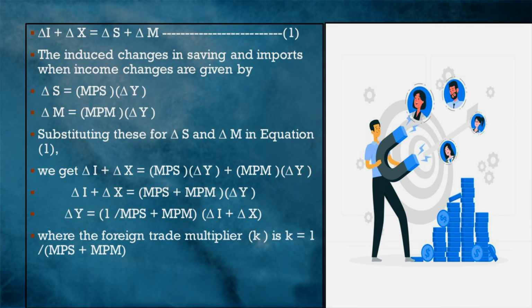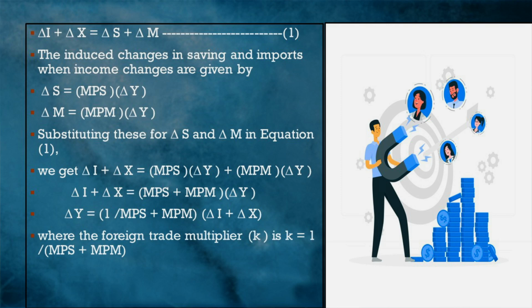That means the induced changes in saving and imports when income changes are given by the change in savings. So how does change in savings happen? When there is a change in income, marginal propensity to save into that change in income is what you get as the change in savings.